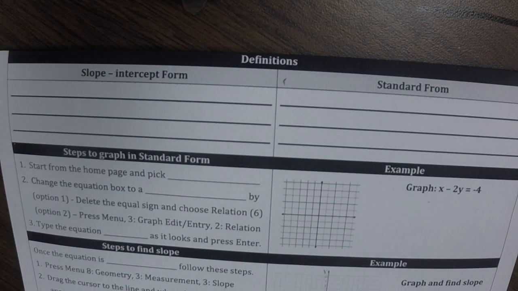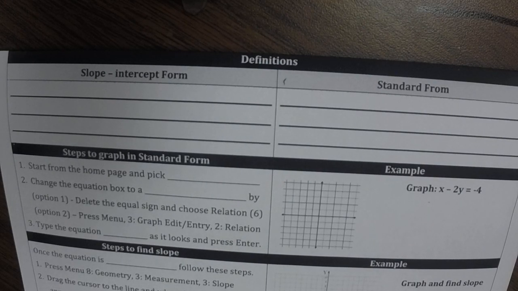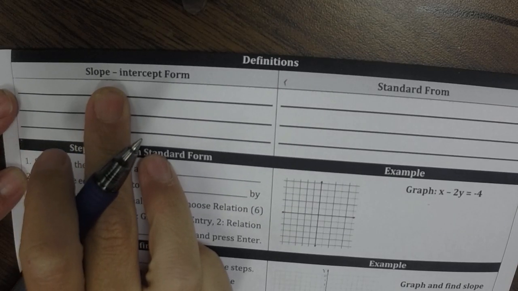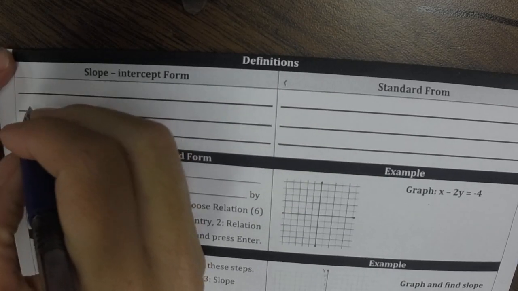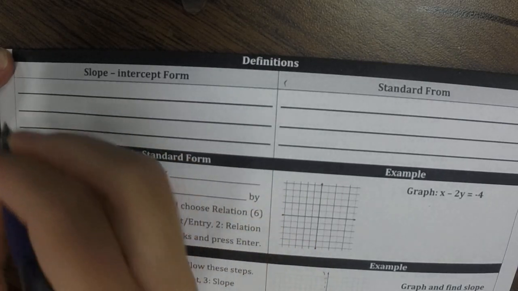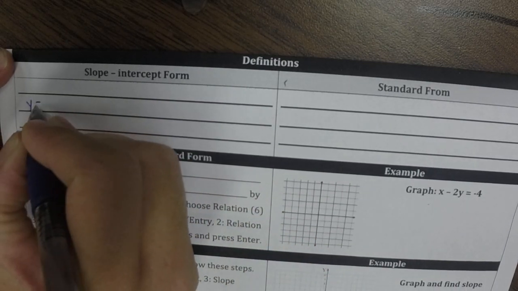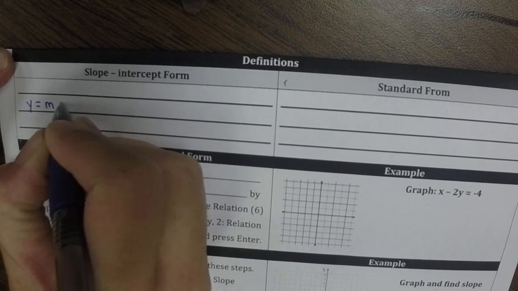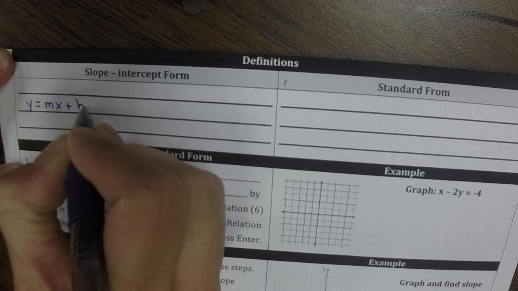So the two things that we really need to know about for this set of notes is slope-intercept form versus standard form. So slope-intercept form is something that you are all very familiar with. It is y equals mx plus b.